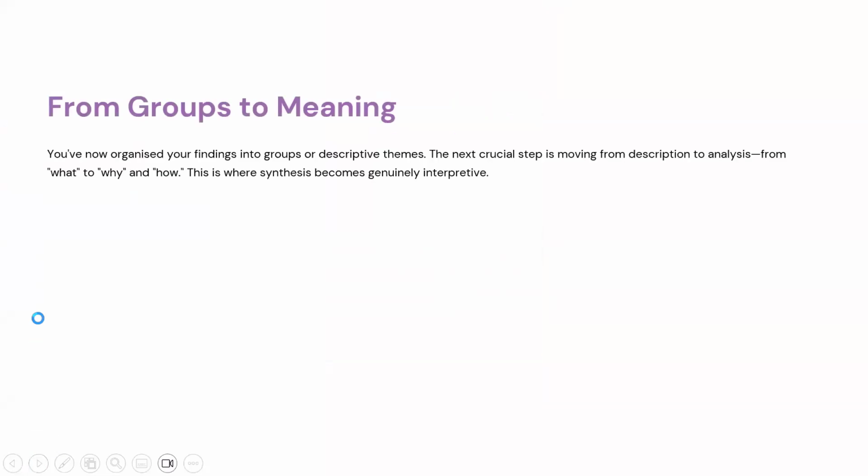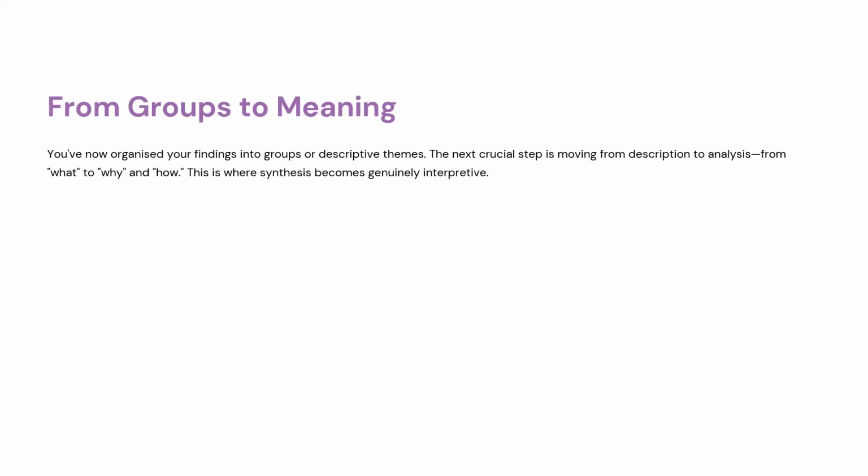So now we'll be going from groups to actual meaning. And now that you've organized your findings into groups or descriptive themes, the next crucial step is moving from description to analysis, and from asking what to asking why and how.